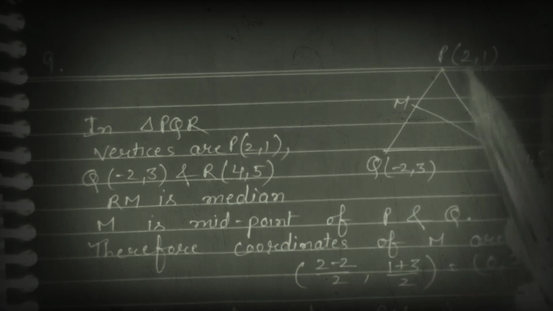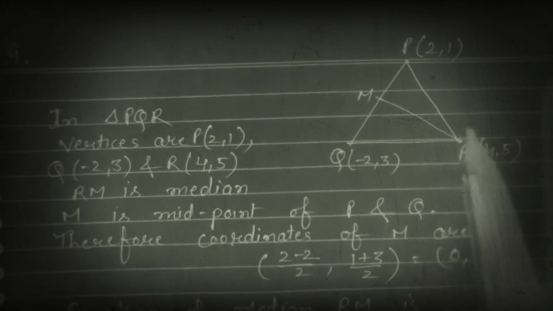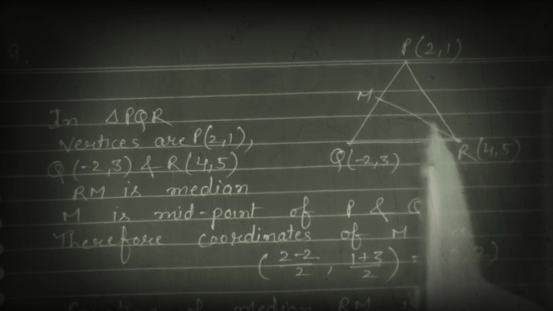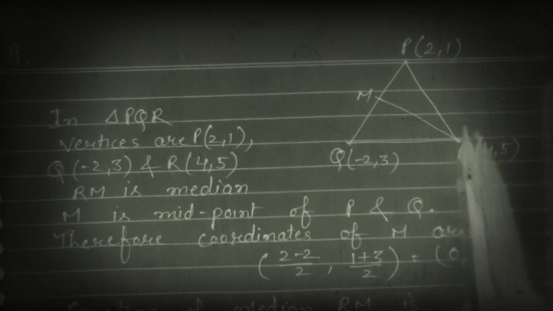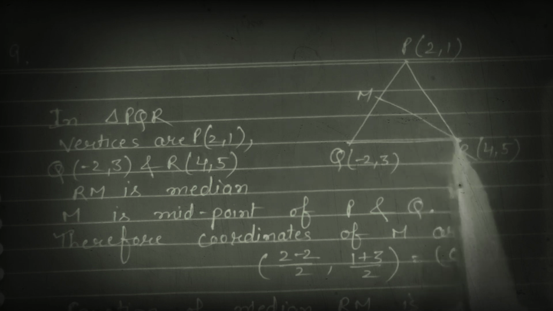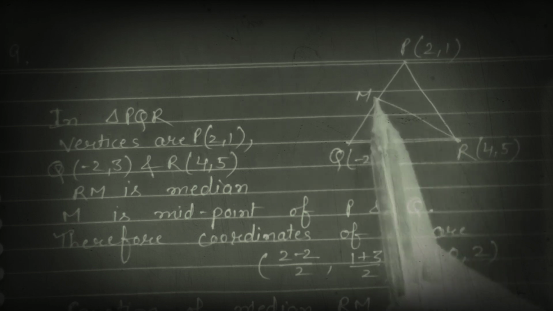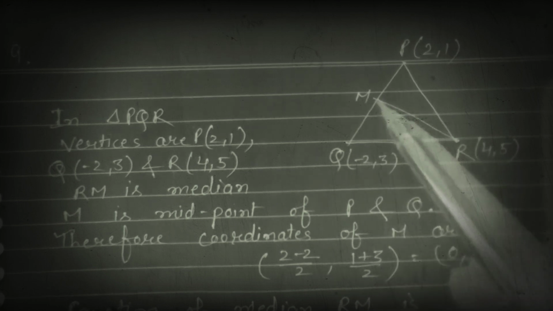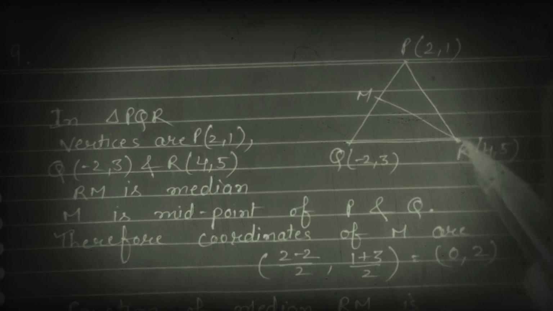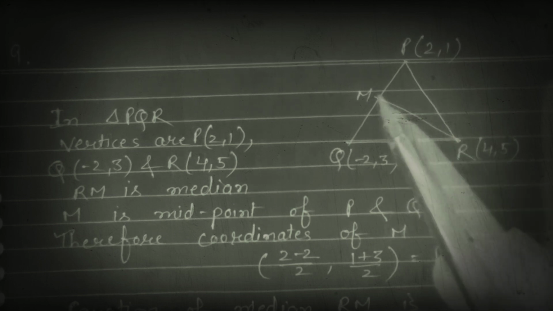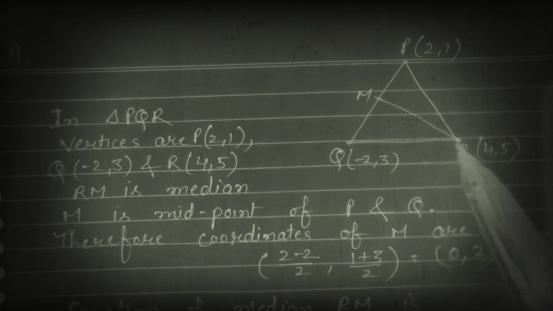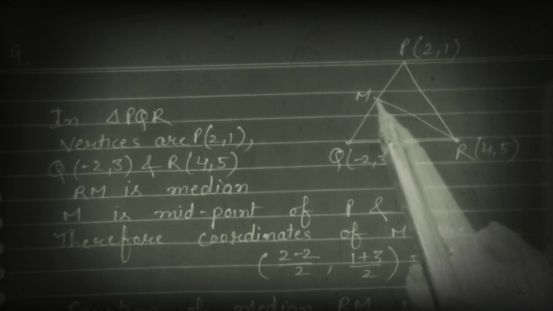RM is the median because we have to find the equation of the median passing through R. Median means the line segment joining the vertex to the midpoint of the opposite side. We have to find its equation.